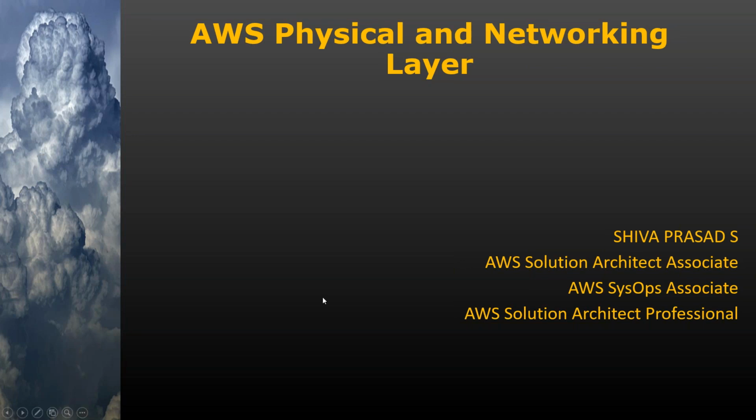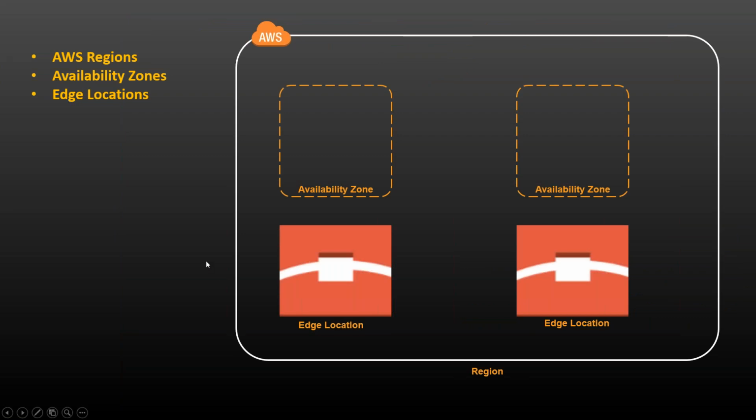Yep. So Amazon's infrastructure is divided into three main categories, right? Three main things: regions, availability zones, and edge locations, guys. Okay, so region, what does the name say? Like, I belong to Asia Pacific, some might be coming from Europe, US, Australia. So these are all regions, isn't it?